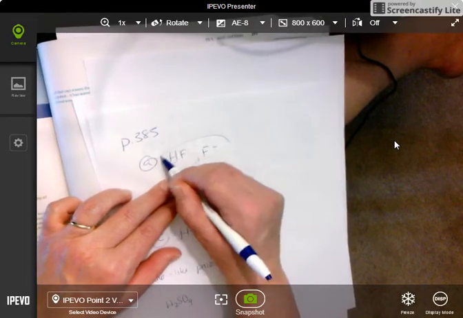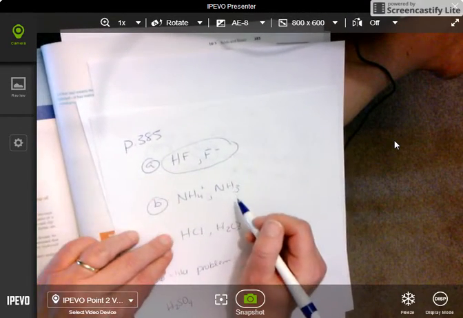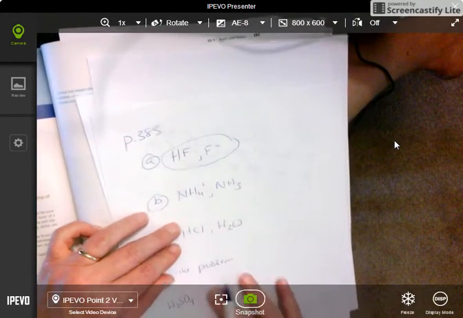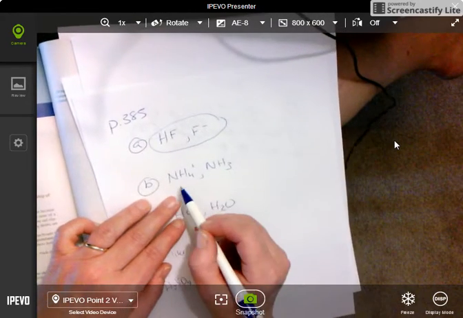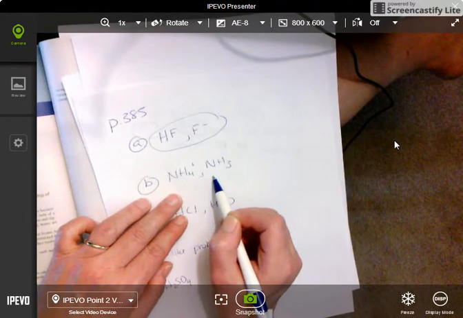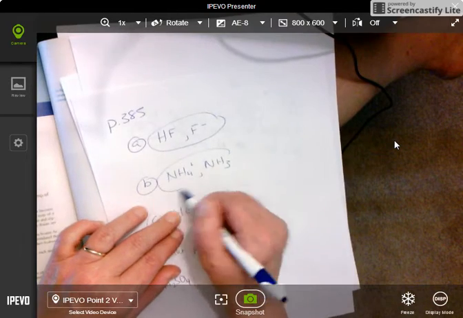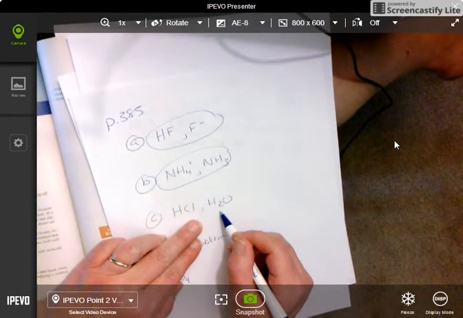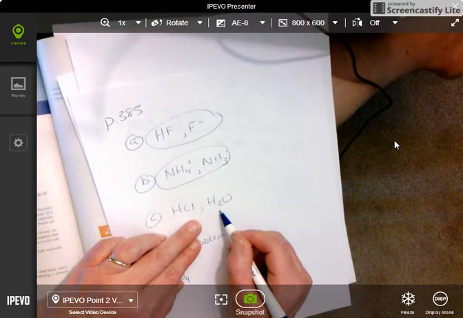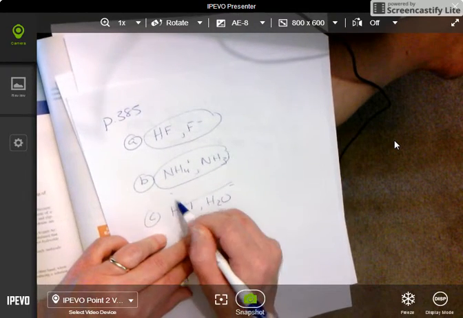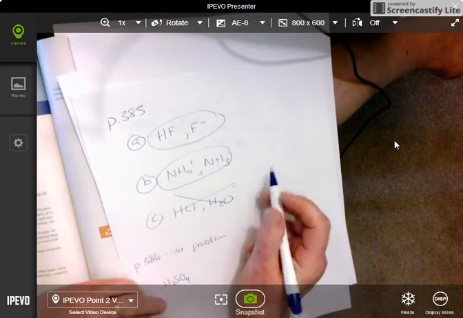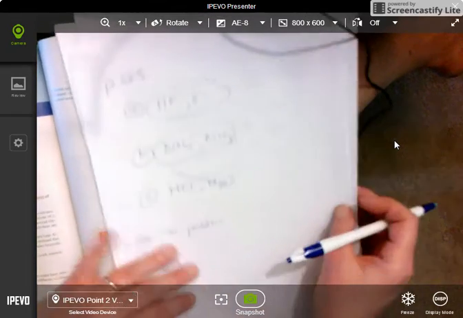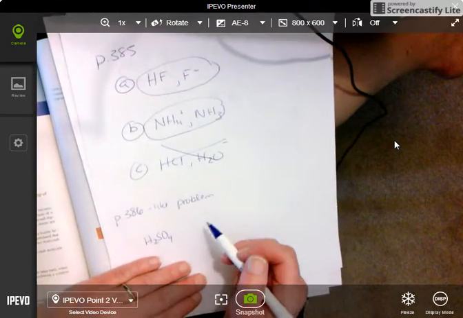So this is an acid-base pair right here, an acid conjugate base pair. Are they related by the removal or gaining of an H plus ion? With these two species, if you take away an H plus ion on one of them, you don't get the other one. So this one is not related as a conjugate acid-base pair. That's how that works, and I think there are some questions on the review packet like that.